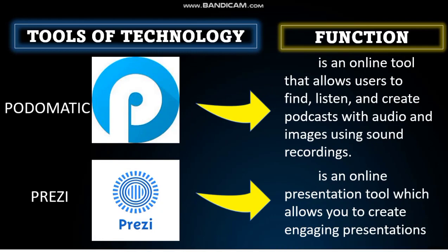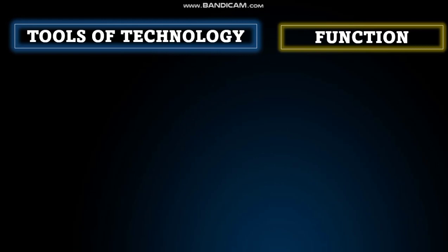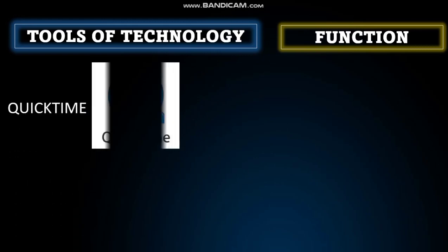But the most interesting feature of this app is that it allows you to pan or zoom your presentation. So if you have something to highlight on your slide, Prezi is one of the best and most effective applications or tools to use.